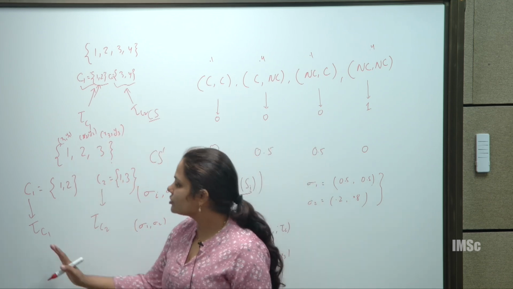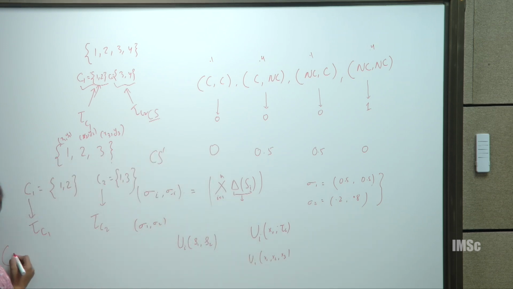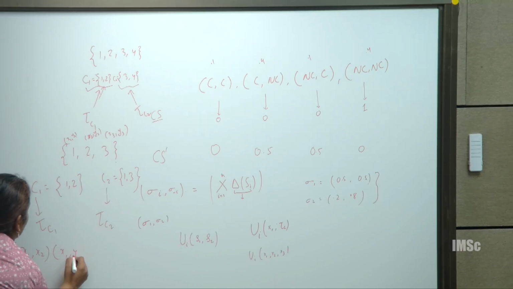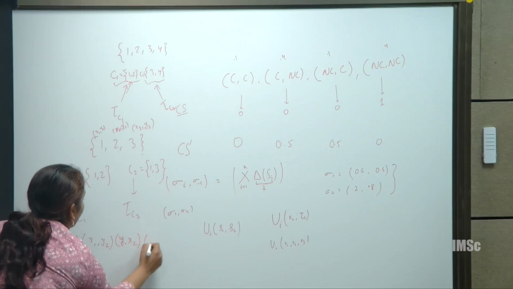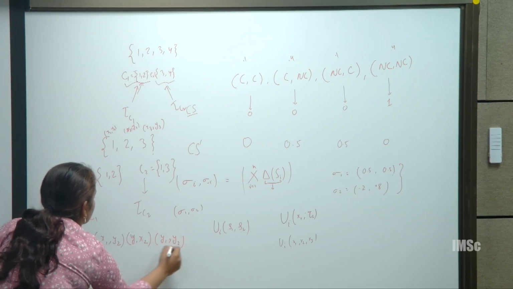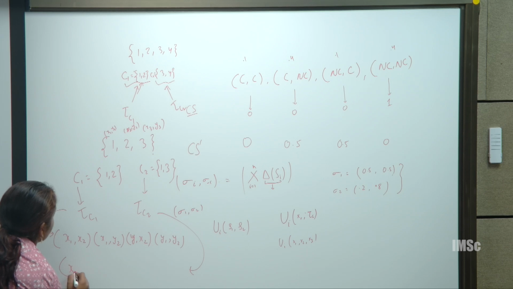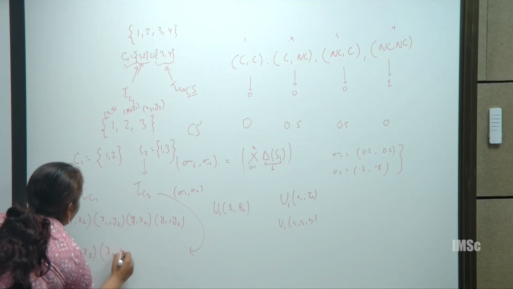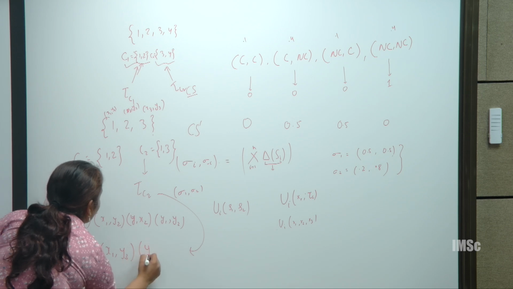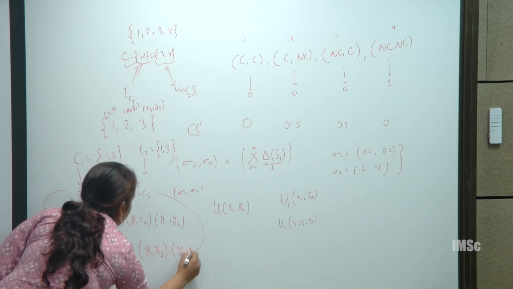Then tau C1 would be a probability distribution over x1 x2, x1 y2, y1 x2 and y1 y2. Similarly, tau C2 will be over x1 x3, x1 y3, y1 x3 and finally y1 y3.